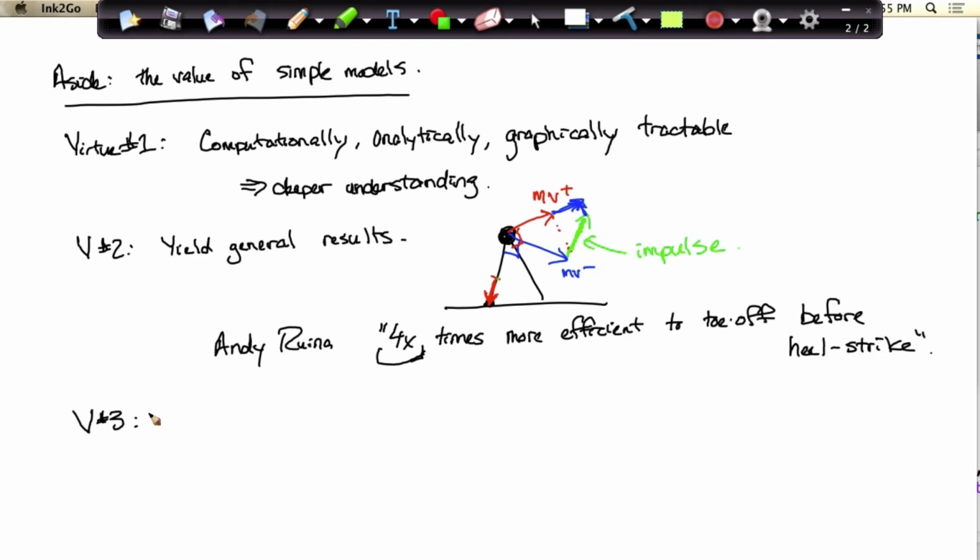There's a movement that Bob Full at Berkeley has been one of the leaders of, which they call comparative biology, where they're using simple models to find principles that hold across a wide variety of animals.